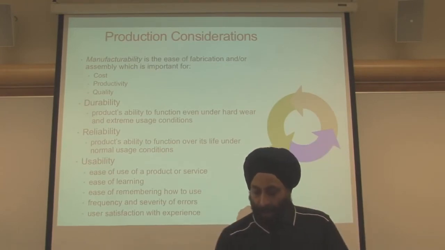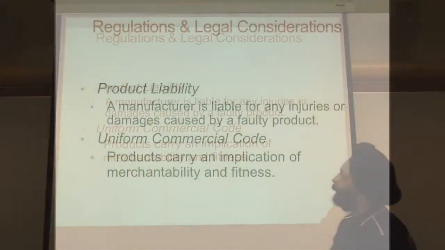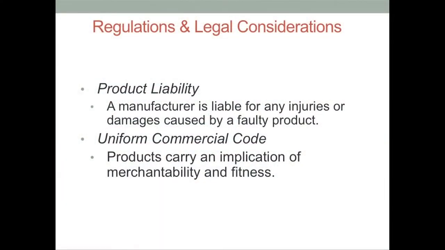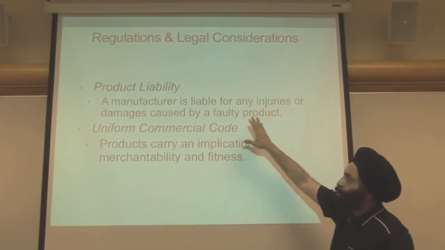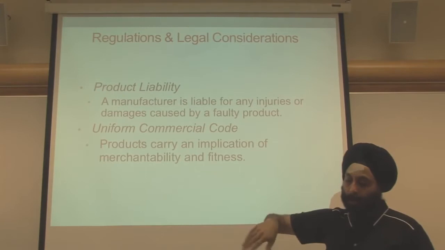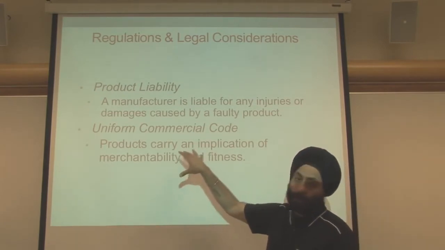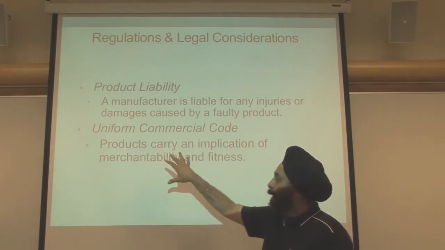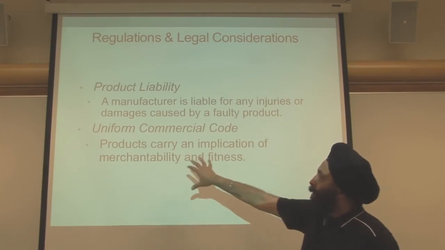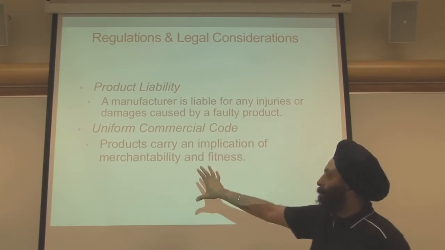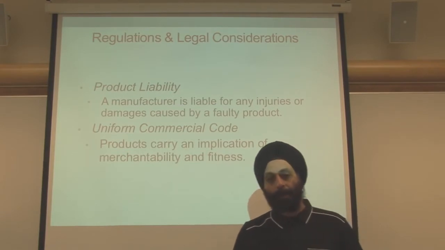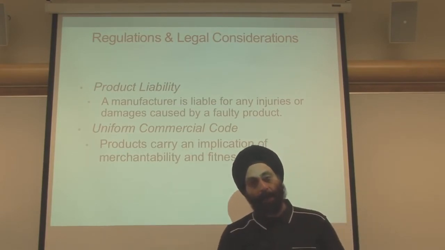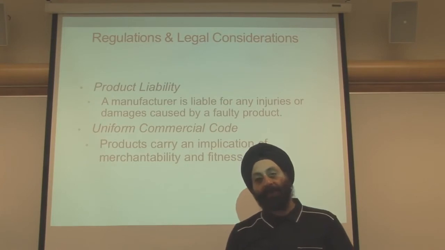There are certain regulatory and legal considerations as well. One area is product liability, where the manufacturer is liable for any injuries or damages caused by faulty products. There is also the Uniform Commercial Code in the United States, on the implication of merchantability and fitness, that these are saleable products, under the Magnuson-Moss Act of 1975.